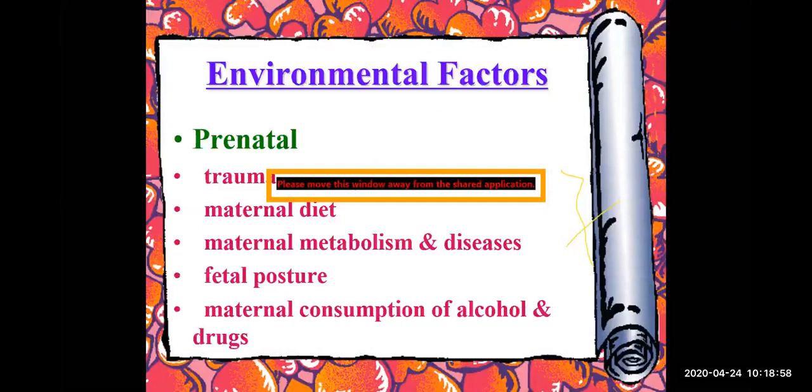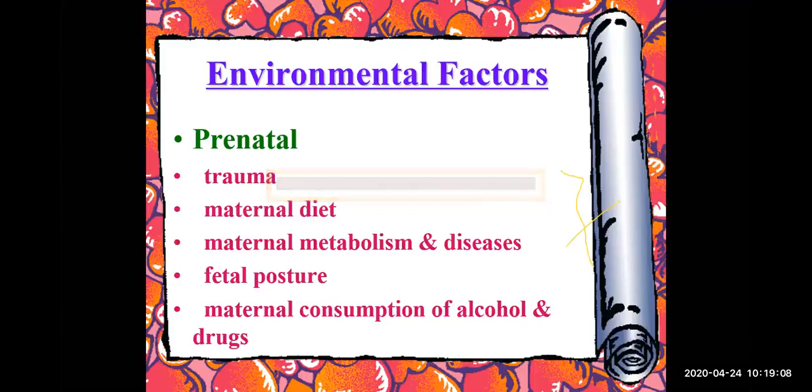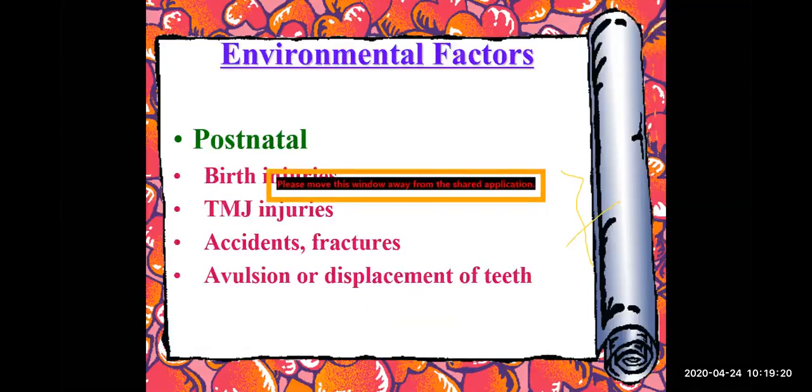Then you have the next subheading, your environmental factors. Okay, the prenatal factors, the trauma, maternal diet, all the fetal posture, all these things. Okay, prenatal and postnatal. Postnatal will be the birth injuries during the delivery, or all that.